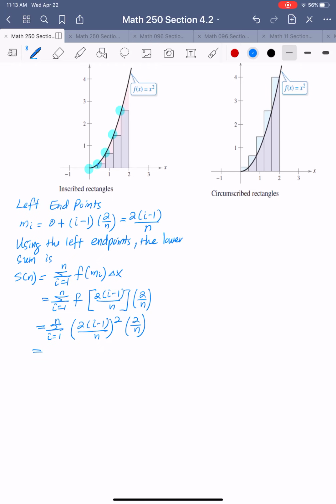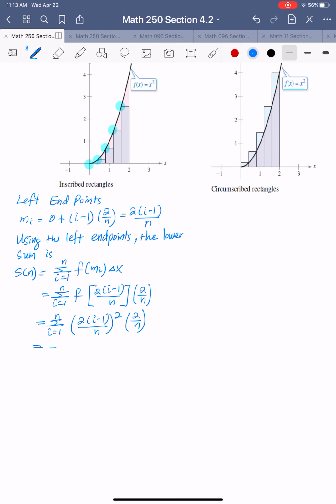In order to simplify this, we have the sum from i equals 1 to n of, when you square this, 4 times i squared minus 2i plus 1 over n squared, times 2 over n. Then it becomes the sum of 4 times 2, which is 8 over n cubed, times i squared minus 2i plus 1.